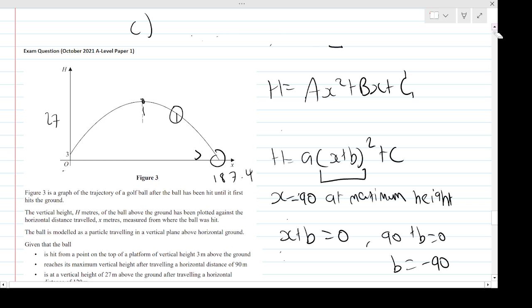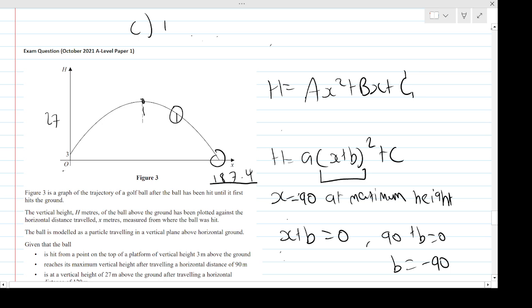So it could affect where the ball hits the ground. It might not be 187.4 if the horizontal floor was perfectly flat. That's not reality. Ground is not perfectly flat.